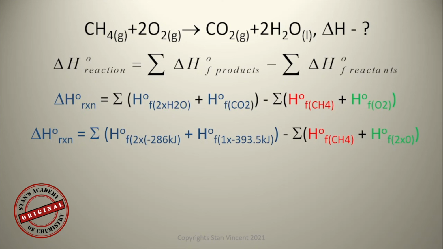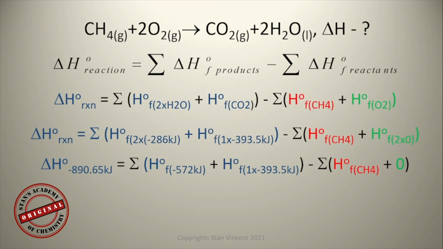H0F of CH4, we do not have that value. We are going to solve for it. Oxygen is taken as 0, 2 into 0. So delta H0, which is minus 890.65 kilojoules, is equal to, when you multiply 286 by 2, you get minus 572. And for carbon dioxide, it's just minus 393.